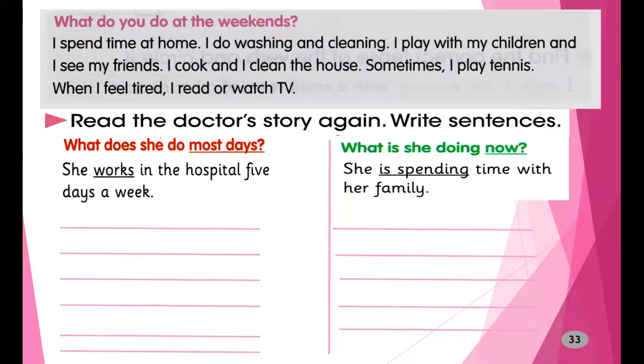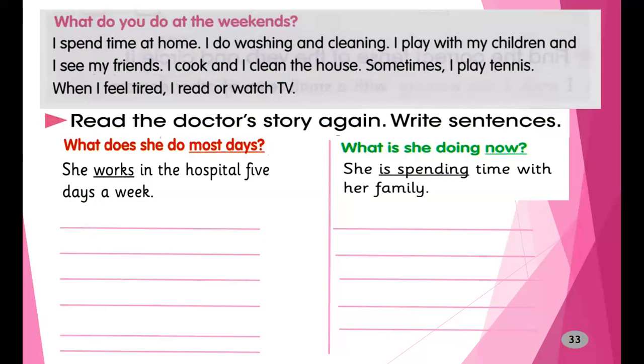Now is one of the time words that indicate the present continuous, while most days indicates the present simple. When I see most days, I know my question is present simple. When I see now, and is, am, are plus a verb with ing, as in what is she doing now, I know the tense here is present continuous.